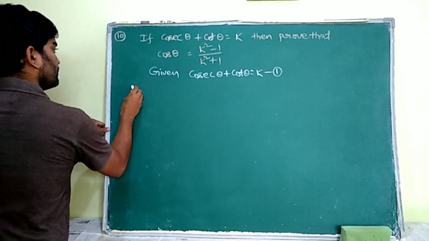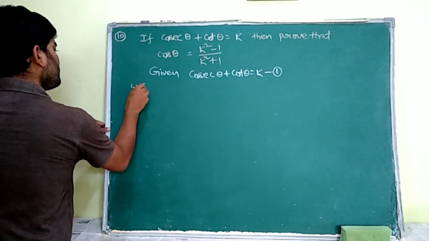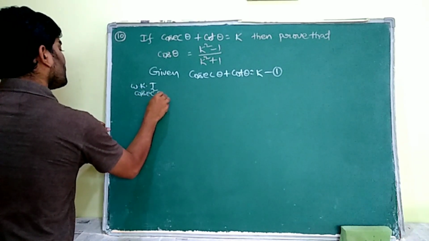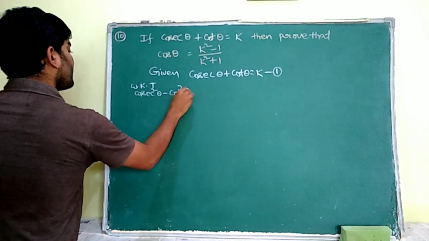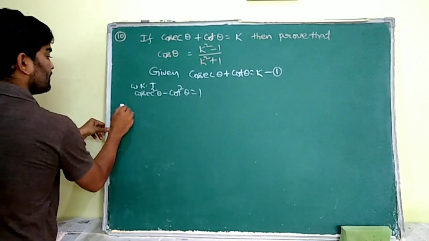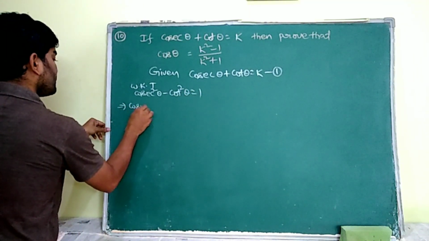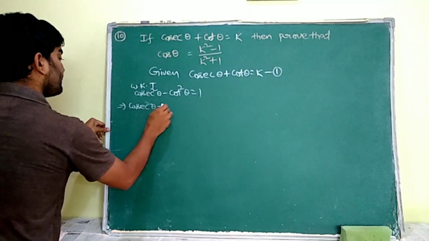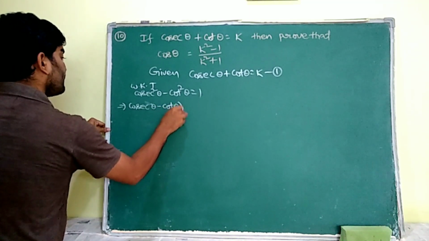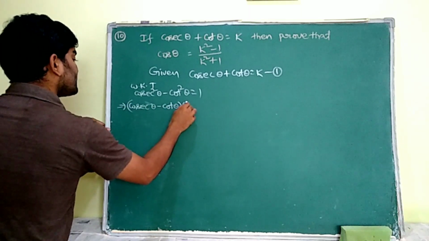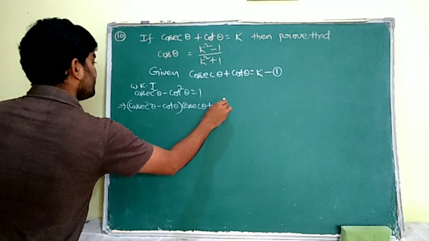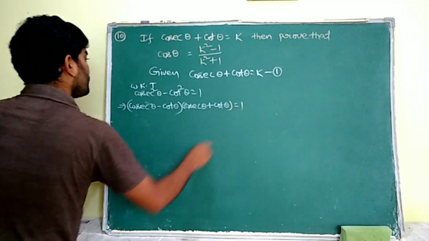So we know that cosecant square theta minus cot square theta is equal to 1. By this we are going to write cosecant square theta, that is cosecant theta minus cot theta into cosecant theta plus cot theta is equal to 1.